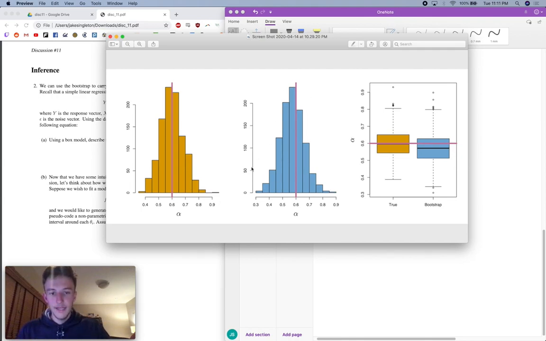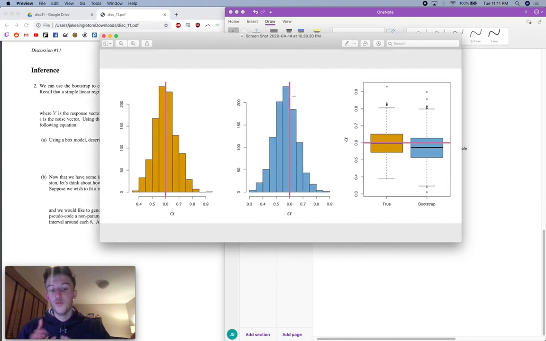And then here, the blue histogram is where they took one single data set from the population, and then they did the bootstrap. They said, okay, we'll take that one single data set, we'll calculate 10,000 new data sets sampled with replacement, as we were talking about, and we'll calculate an alpha for each of those 10,000 bootstrap data sets. And this is the histogram they got. You can see that it's very similar to this yellow histogram, in which they had 10,000 separate data sets from the population.